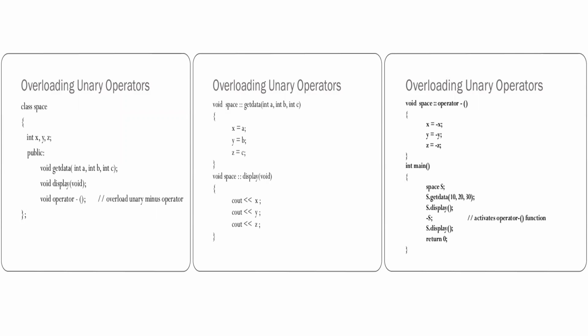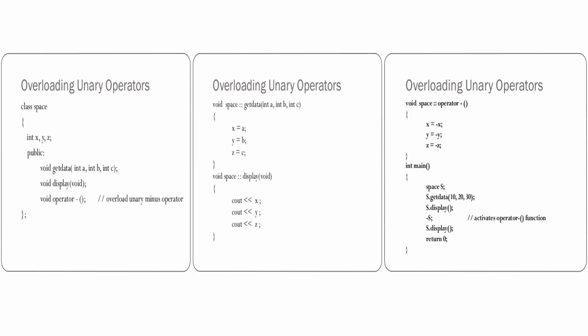Both these functions are defined outside the class, which is why the scope resolution operator has been used. The third function, look at the third part: void space scope resolution operator, operator and the symbol. Just remember the syntax: return type, name of the class, scope resolution operator, operator keyword and the symbol.